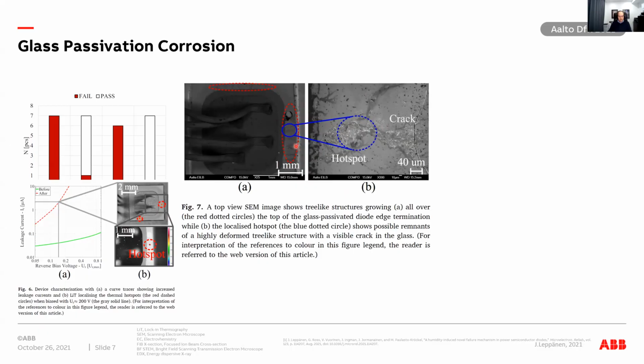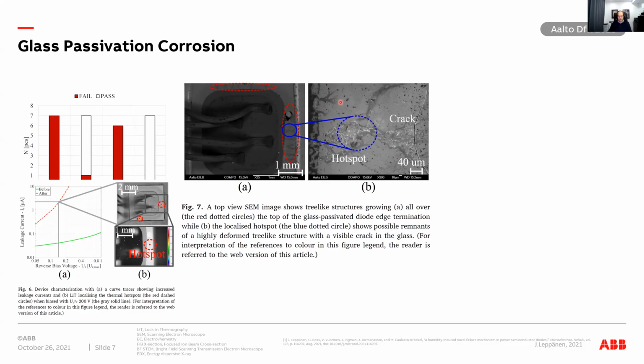But nevertheless, we saw that there are these tree-like structures there, all over the edge termination region. And in some places, we could see that the morphology had already changed locally quite dramatically, so they were really burning or breaking through these structures.